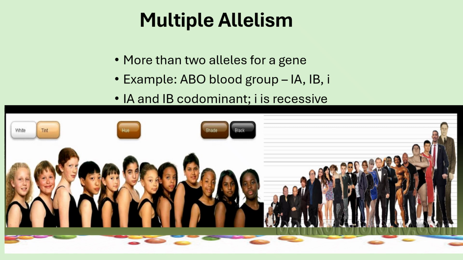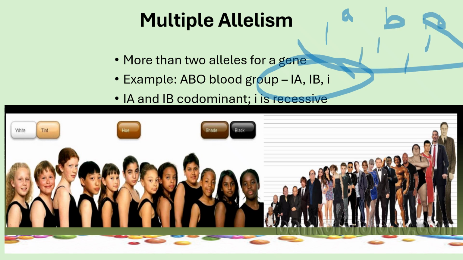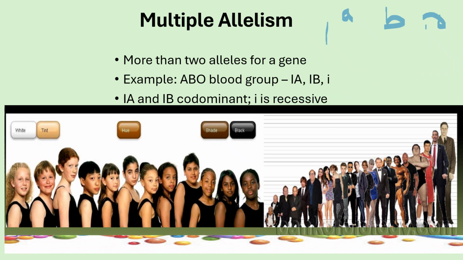As you see in case of blood group also, we have three different alleles, IA, IB and IO. So these are three different alleles. So this condition is called multiple allelism.